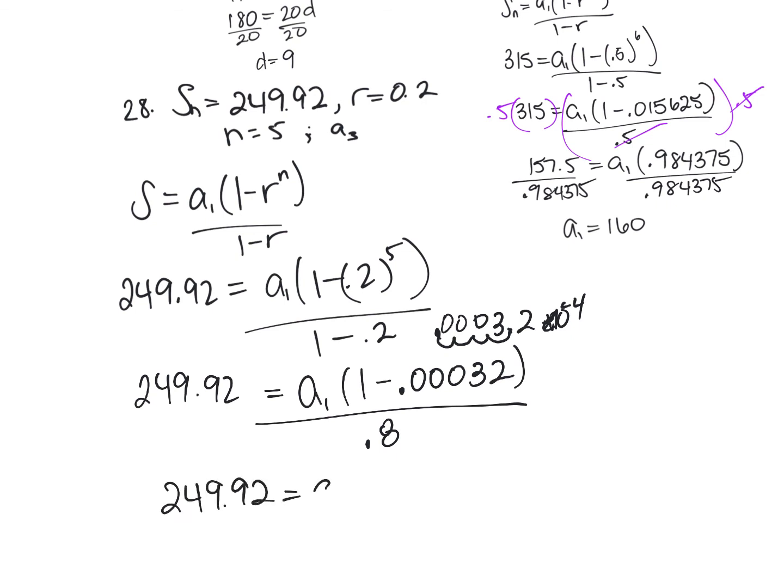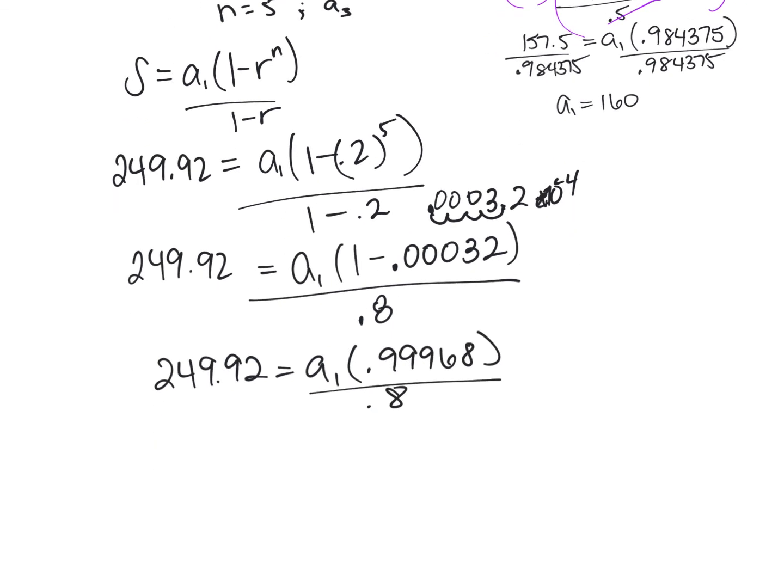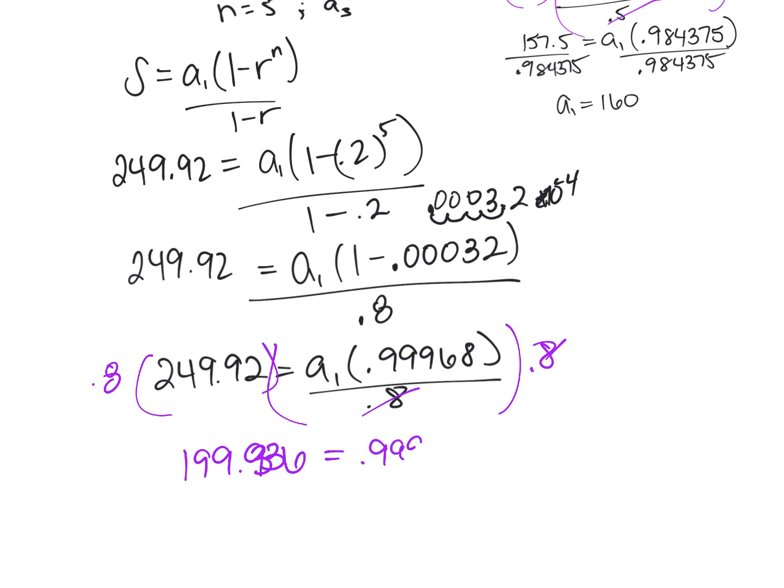249.92 equals a_1 times 0.99968 over 0.8. We're going to multiply both sides by the 0.8 to cancel it. And 249.92 times 0.8 is 199.936 equals 0.99968 times a_1 divided by 0.99968.